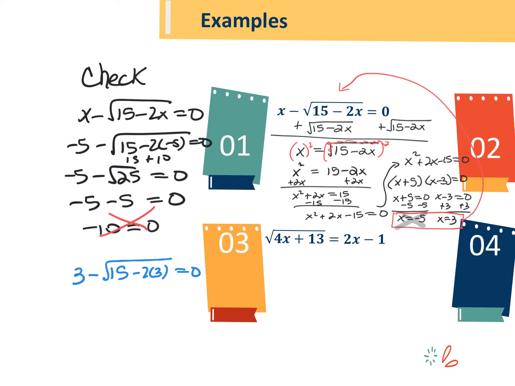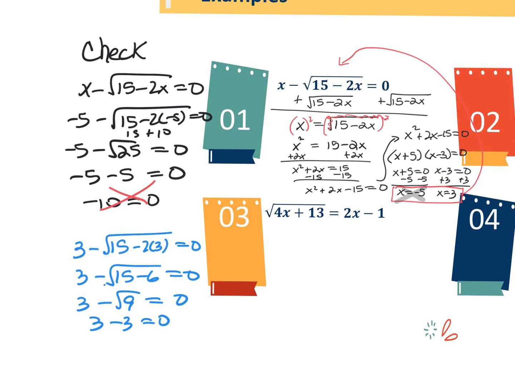And I want to see if it equals 0. 15 minus 6 is 9. The square root of 9 is 3. 3 minus 3 is 0. So 0 equals 0. x equals 3 is the correct answer. So that one checked out. So you have to check.